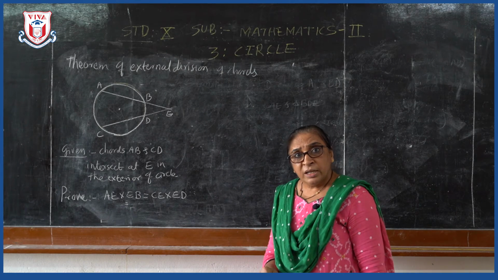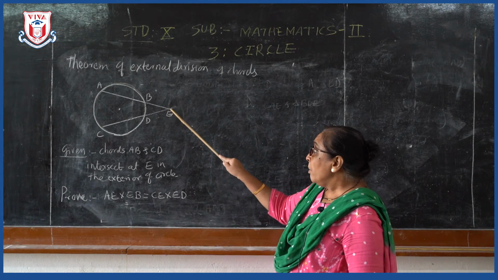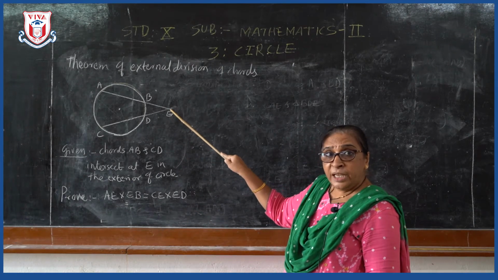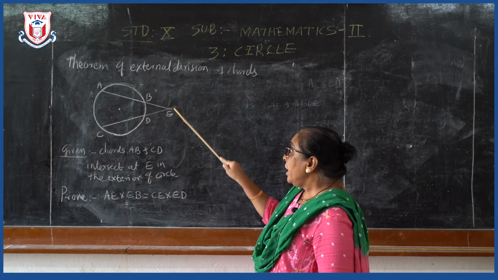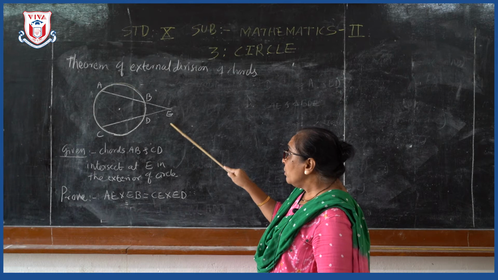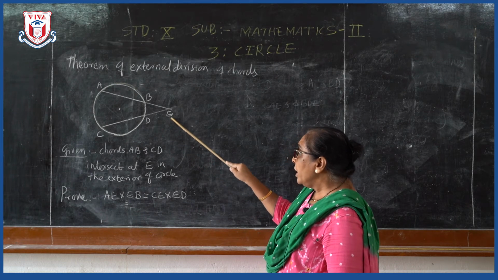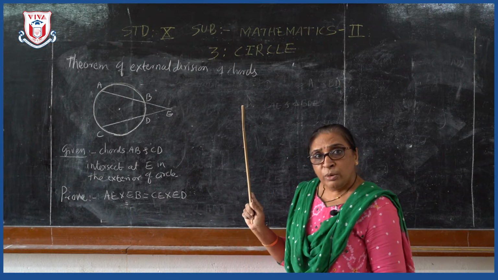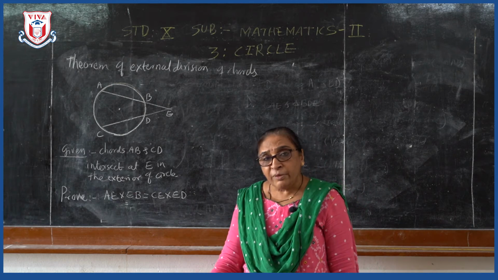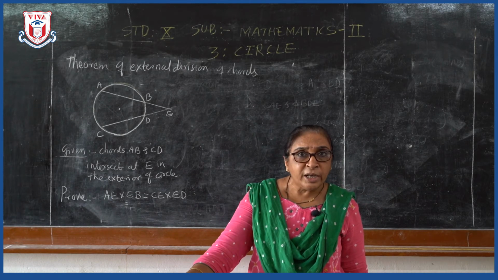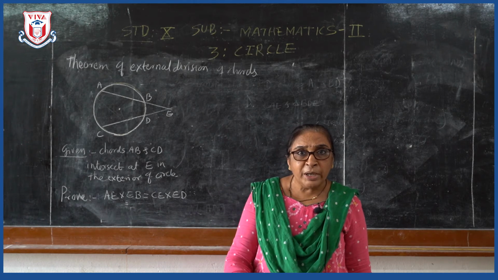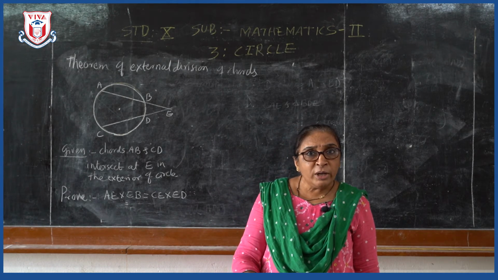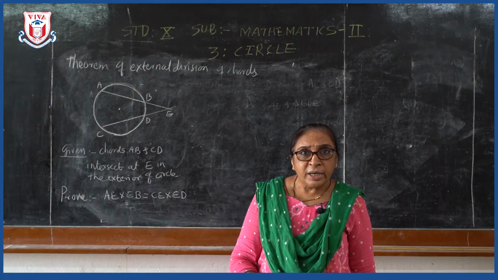Always start with the common point, that is E, the point of intersection. So AE into BE is equal to CE into DE. That you have to prove, and the proof is given in the form of an activity in the textbook. That activity you can complete by using the knowledge which you have already acquired.